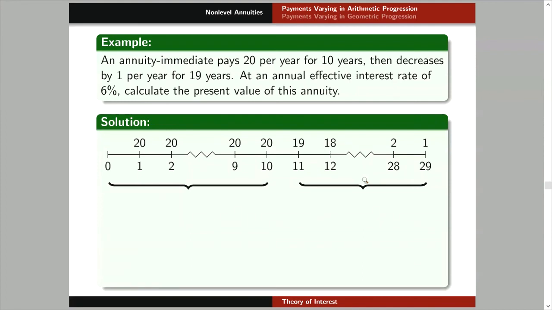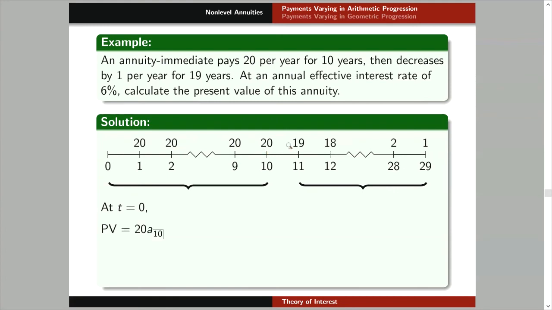We use t equals 0 as our valuation date. So the present value is equal to, first, we consider these first 10 payments of 20. It's like our basic annuity. The present value of these 10 payments of 20 is just 20 a angle 10.